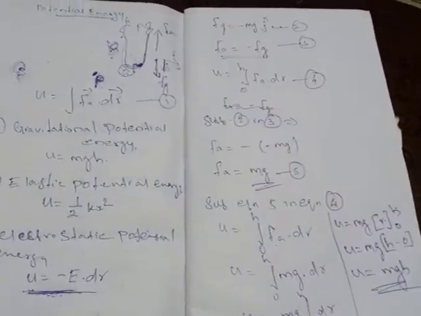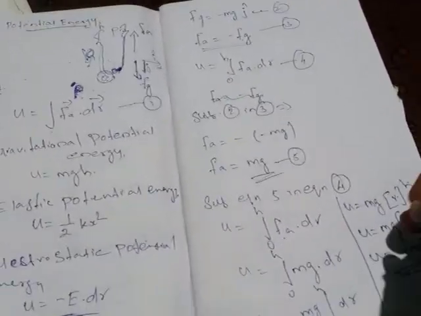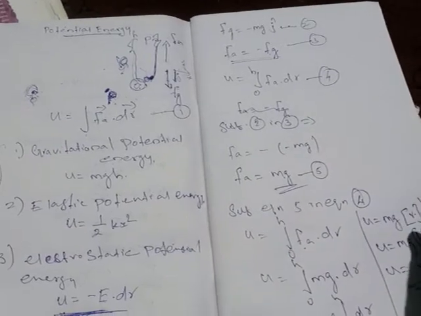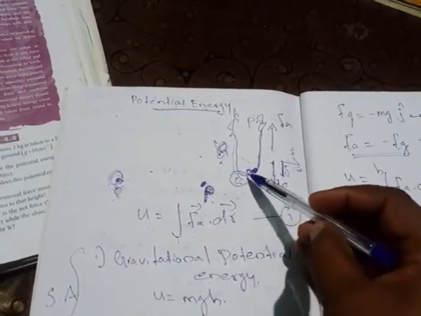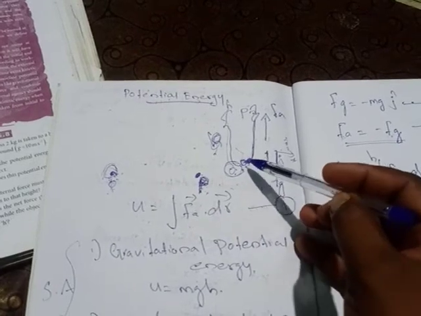This is the gravitational potential energy derivation, and it is one of the very important 5-mark questions. So first you have to write the definition. What definition will you write?